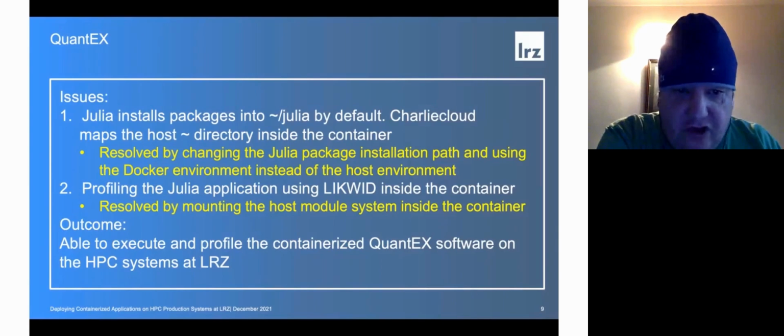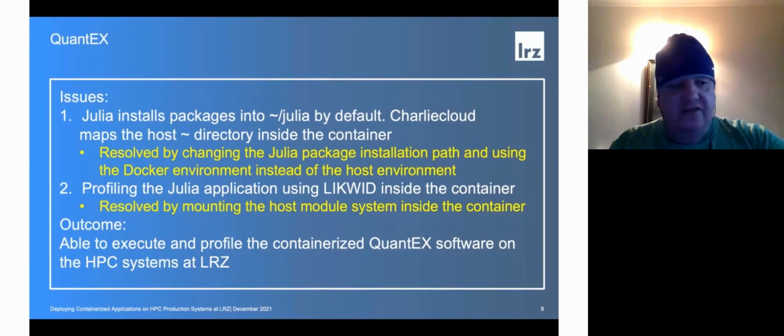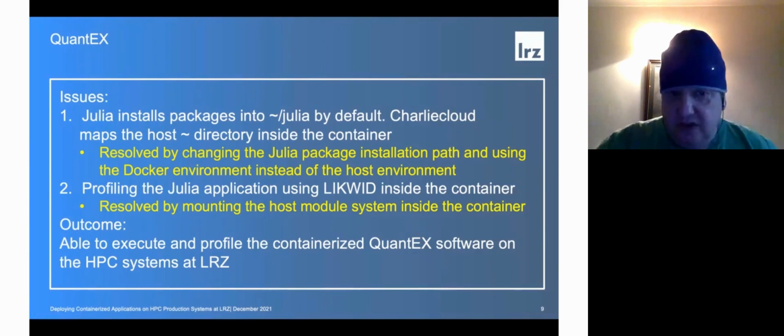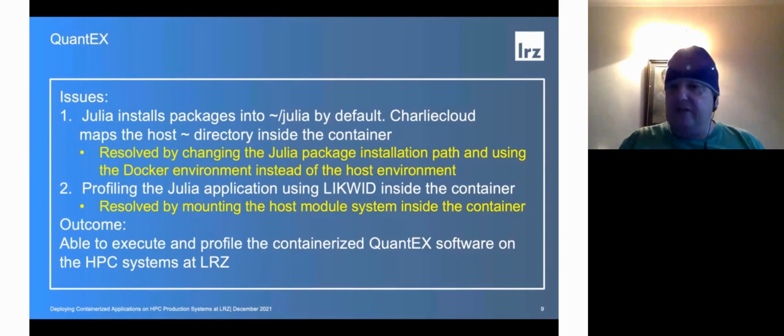One of the things we also realized was that the default behavior of Charliecloud is also to set the environment to be the same as the host system, which is problematic for things like Julia because it has its internal environments you want to set.